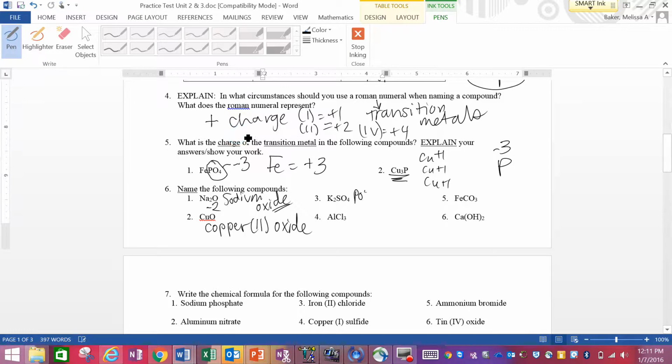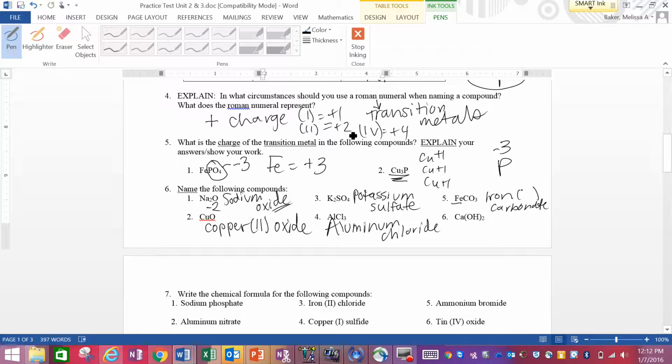Number 3, you should recognize SO4 as one of the 6 polyatomic ions. You do not have to have those memorized. So potassium sulfate. Number 4 is also straightforward. Aluminum is not a transition metal. So aluminum chloride. Here we've got a transition metal again. So iron, leave a space, carbonate.